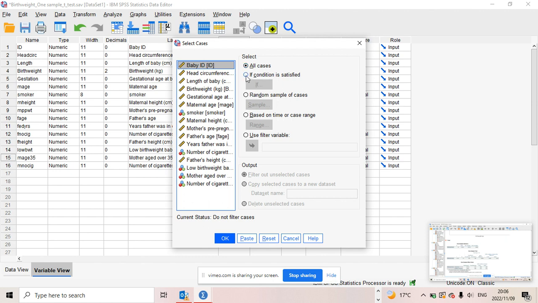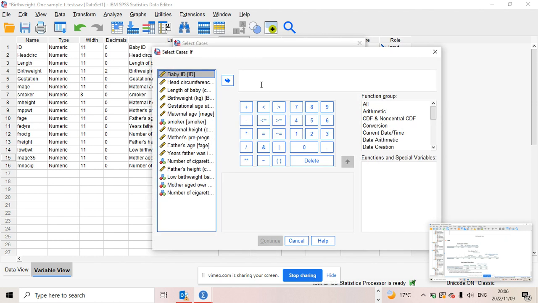So what we need to do is to click this icon. It says if condition is satisfied. Then click on it. Then let's be mindful that what we are interested in is the birth weight. So what we need to do is move this birth weight, right?